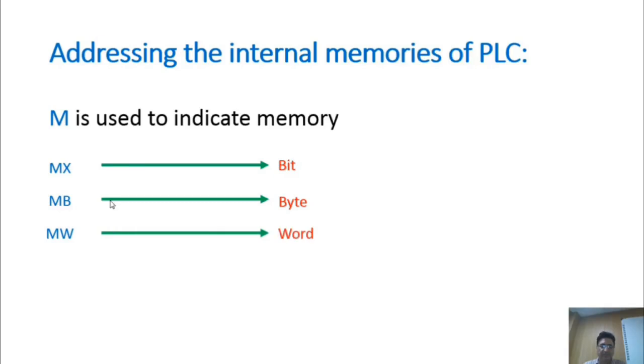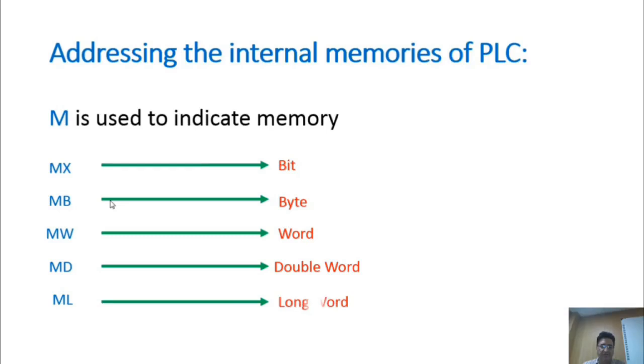That is, we want to assign a value to 16 bits of memory. And if we use MD, we mean double word. That is, we want to assign a value to 32 bits of the PLC's memory. So, either 32 bits or 2 words. And finally, ML, which stands for long word, means 64 bits of PLC memory, or 2 double words, or 4 words.